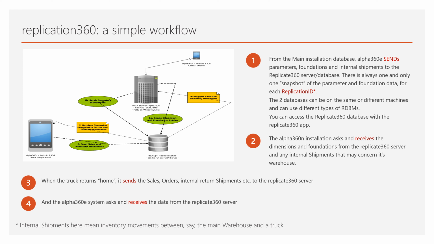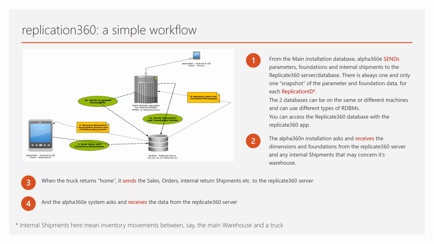Note that there is always one and only one snapshot of the parameter and foundation data for each replication ID, and we will see this later. You can access the Replicate 360 database with the Replicate 360 app that is included in the distribution of the alpha360 system.